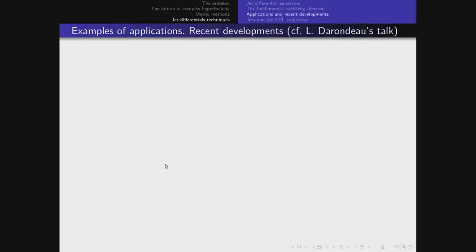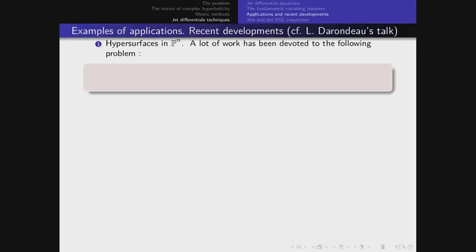Okay, so I will just mention briefly some applications of this fundamental vanishing theorem and refer to Lionel Darondeau's talk for more details. So there is one very important case where this theorem has led to very strong developments recently. It's the case of hypersurfaces in P^N. And in that case, a lot of work has been devoted to finding differential equations on a hypersurface.